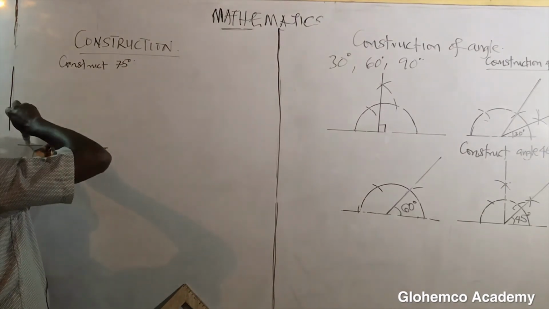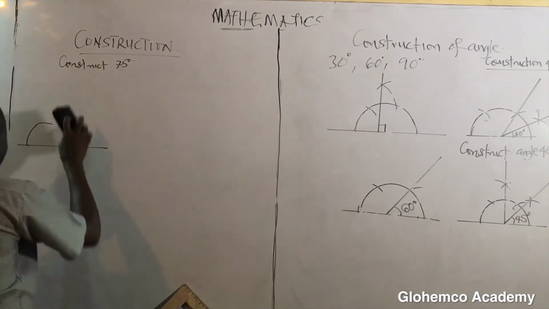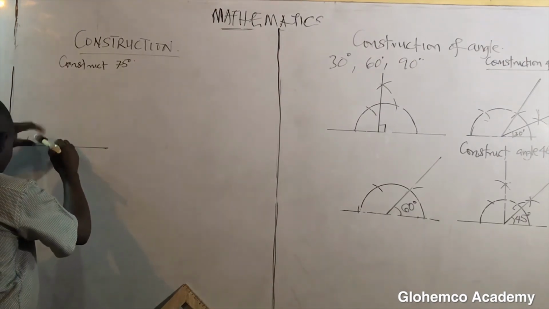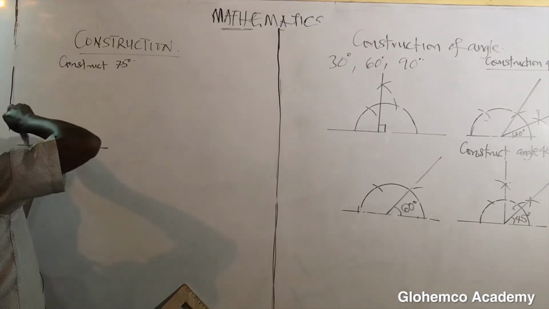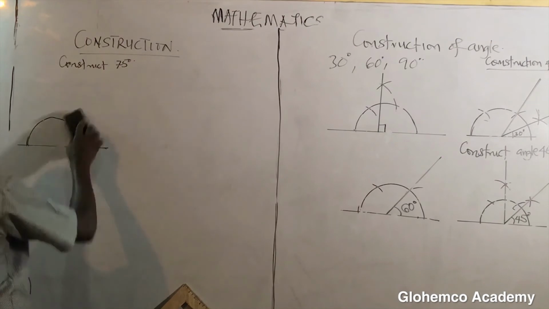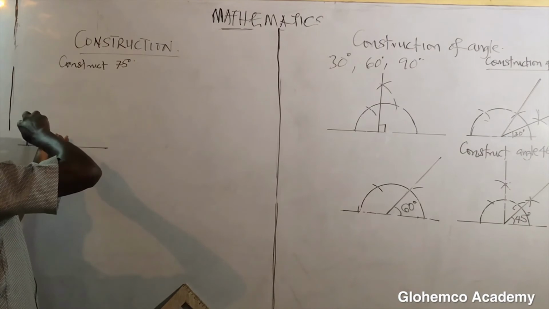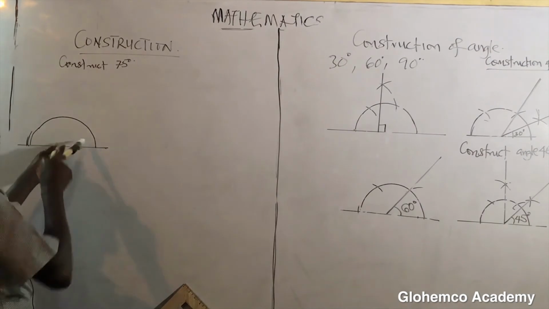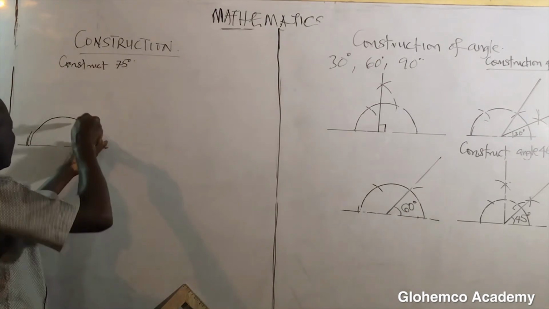Then you draw like this. Form an arc. We want to construct 90 degrees. Let's draw with this one at this point here. Then make your angle 60 on your arc this way.